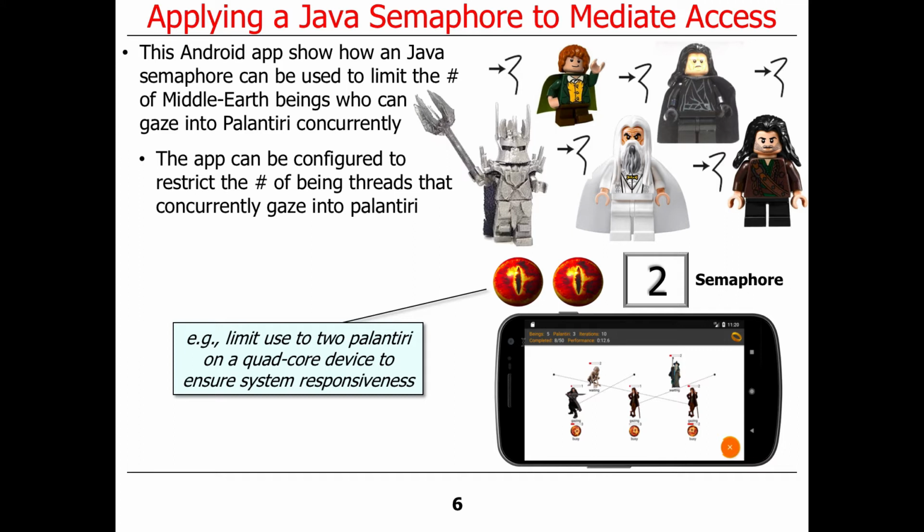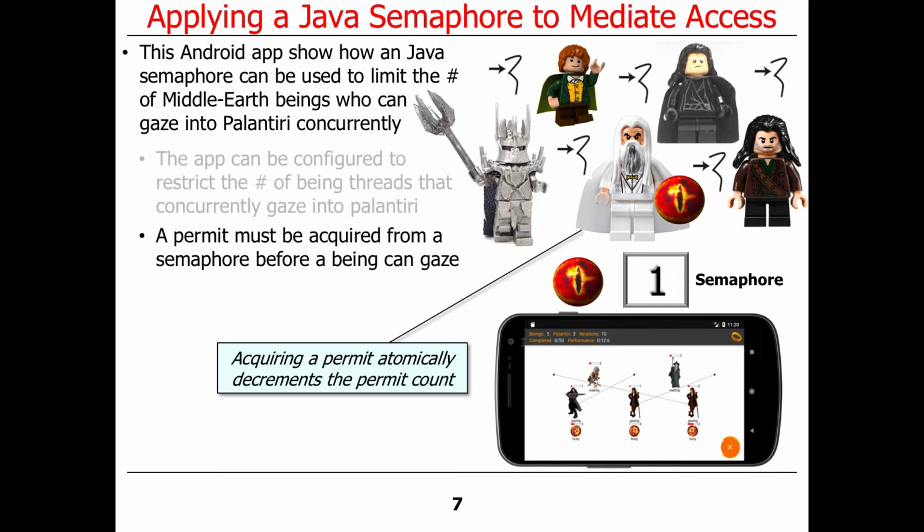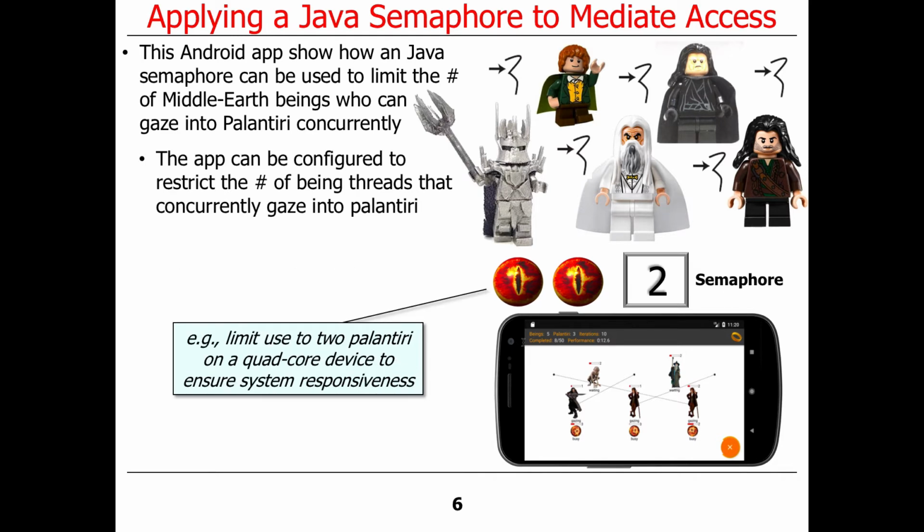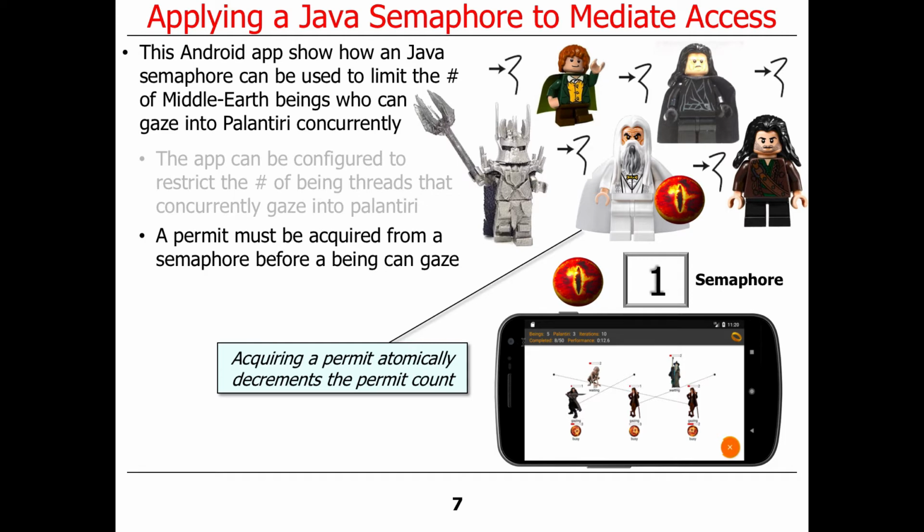The app, as you know if you've been running it, can be configured to have a certain number of Palantir: 2, 4, 6, 10, whatever. And that internally is implemented by a semaphore. Let's say we have 2 Palantir that are waiting. In order for someone like Saruman to gaze, they have to acquire the semaphore.